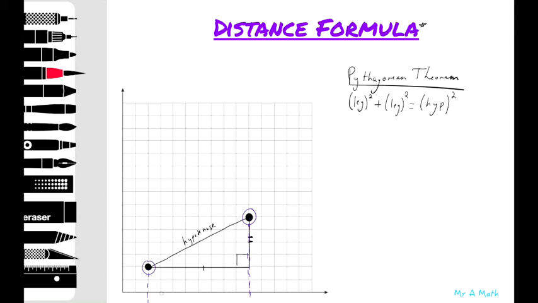So 1, 2, 3, 4, 5, 6, 7, 8, 9, 10. And then the same thing down here. My x-coordinate is just 1, 2. So I have an x-coordinate of 2 here, an x-coordinate of 10 here. So how we find the length of these sides is we just simply subtract 10 from 2, right? 10 minus 2 gets me 8, which is the length of this entire side.